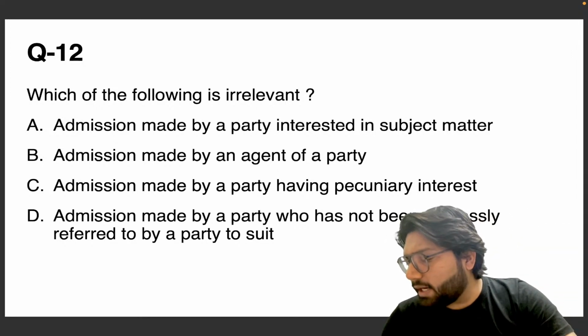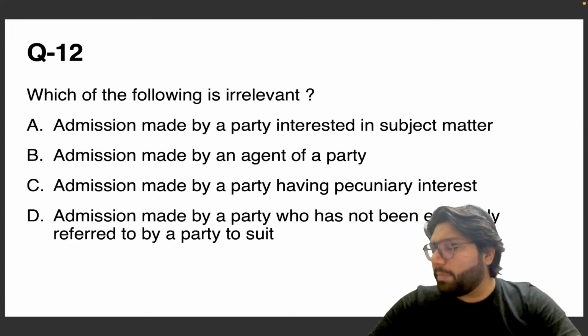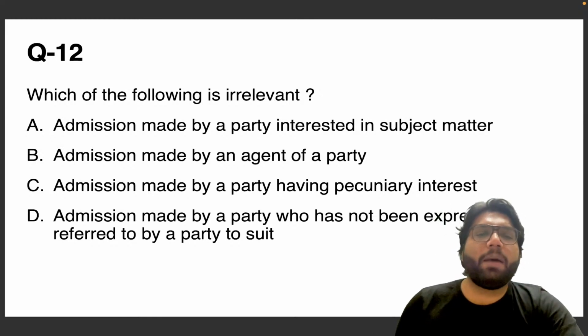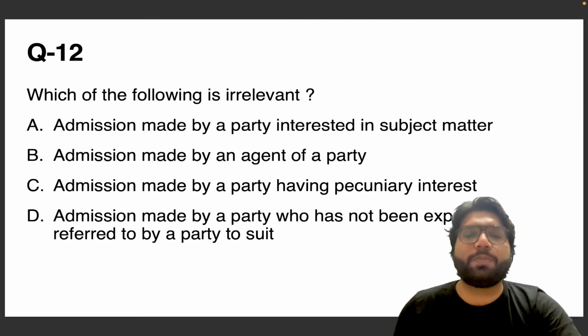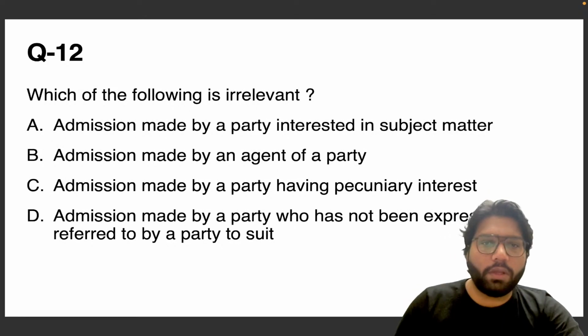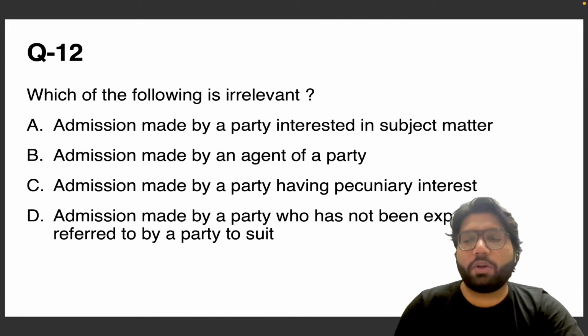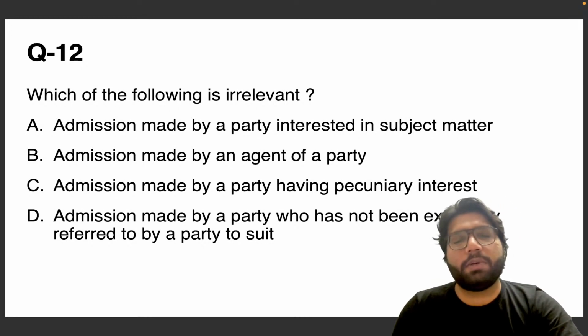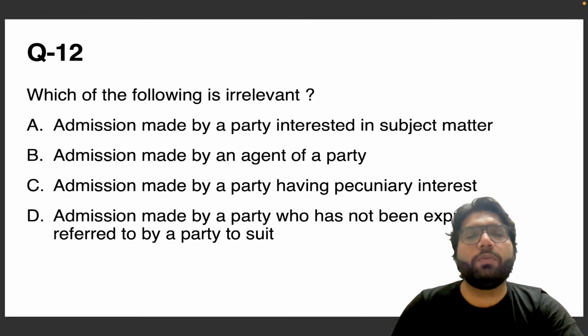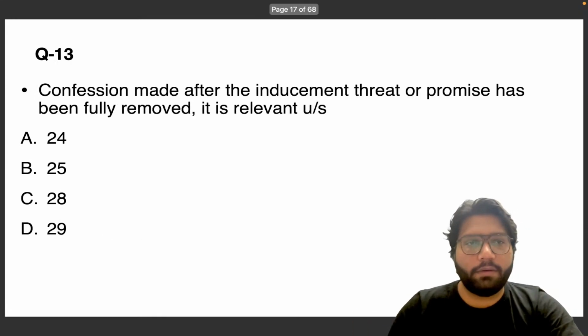First one to answer correctly, Amit, followed by Sapna and Pratibha. D is the correct answer, students. Admission made by a party who has not been expressly referred by a party to the suit, that would be completely irrelevant. Okay. And the section number from which the question is taken is section number 18. So if you want to read more about it, go through section number 18.